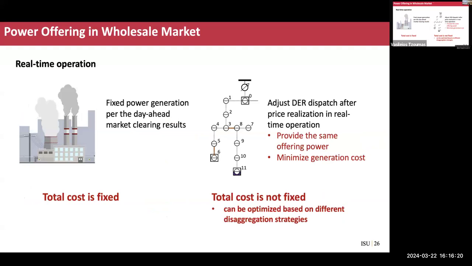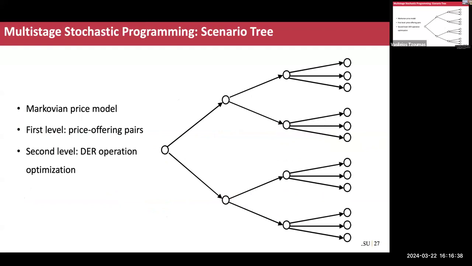As we mentioned, in real-time operation for the conventional generator, the total cost is fixed. Whereas for aggregated DERs, the total cost is not fixed and can be optimized based on different aggregation strategies. So what we are dealing with is a Markovian price model. For instance, we can have a discrete Markovian description of the price at each time step, right?